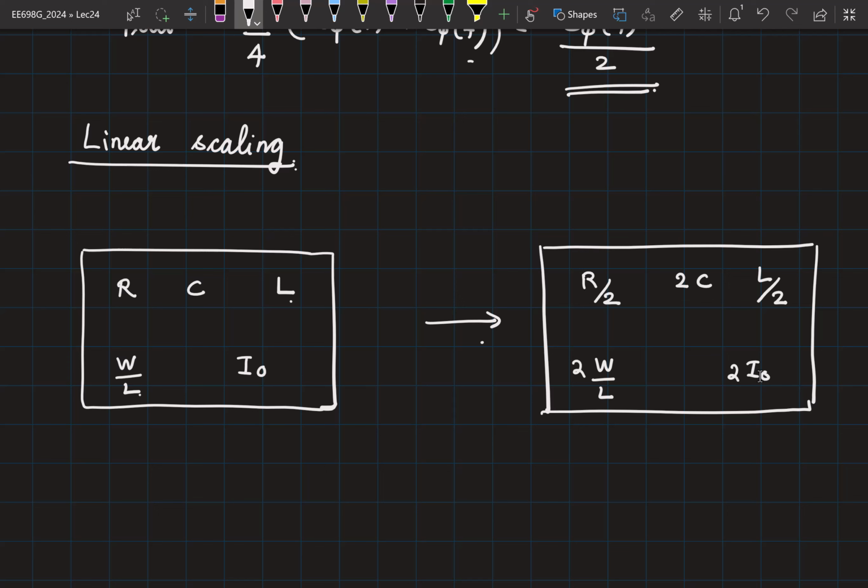And in doing this, your time constants have not changed. So all your RC time constants and time constants associated with resistors and inductors are the same. Therefore, you have double the power, voltage levels remain the same, time constants remain the same, but you expect to see a reduction in the phase noise.